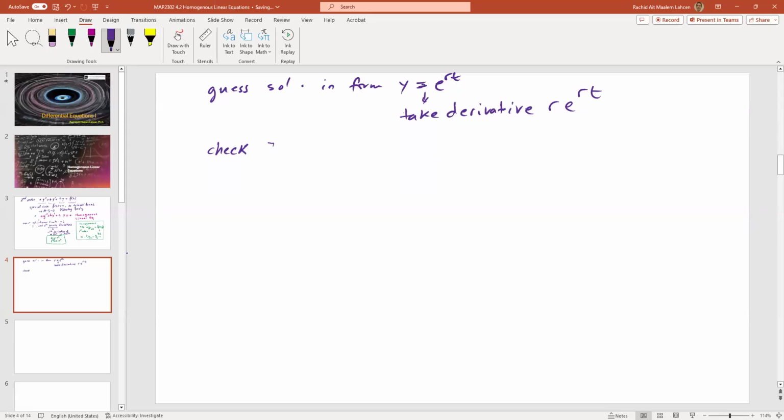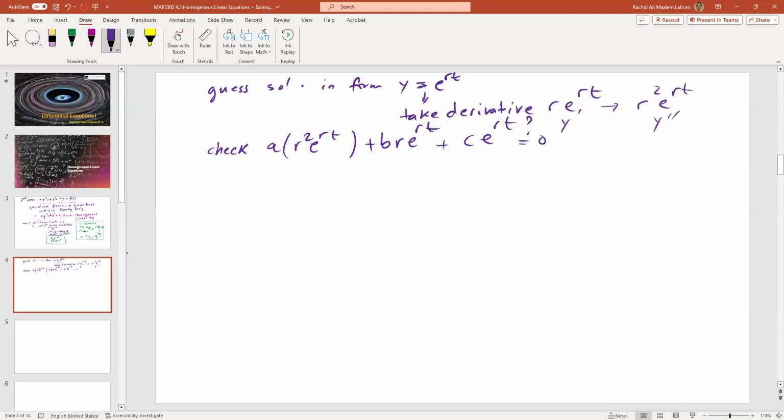If you do this, you have a times the second derivative, which is r squared e^(rt), plus b times the first derivative, r e^(rt), plus c times e^(rt). Right? So this is y prime, c y.